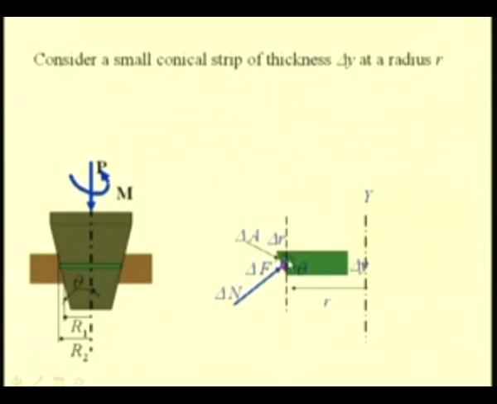Here this vector, which is perpendicular to the plane of the paper, is the frictional force delta F corresponding to this area. Delta N is the normal force, and since this moment M is in the clockwise or the counterclockwise direction, this force delta F is moving inside the plane of paper or this plane of the board.